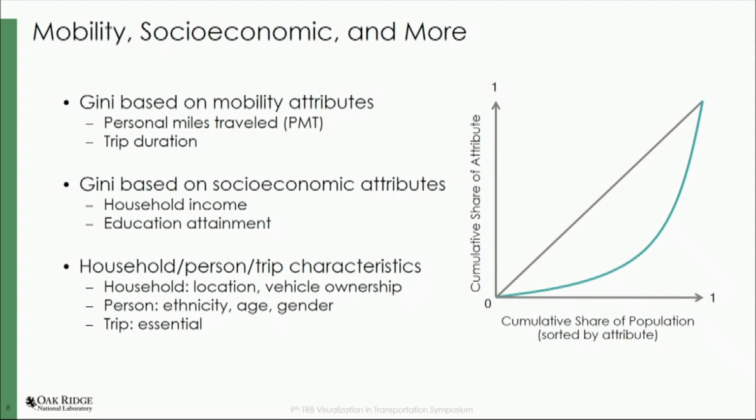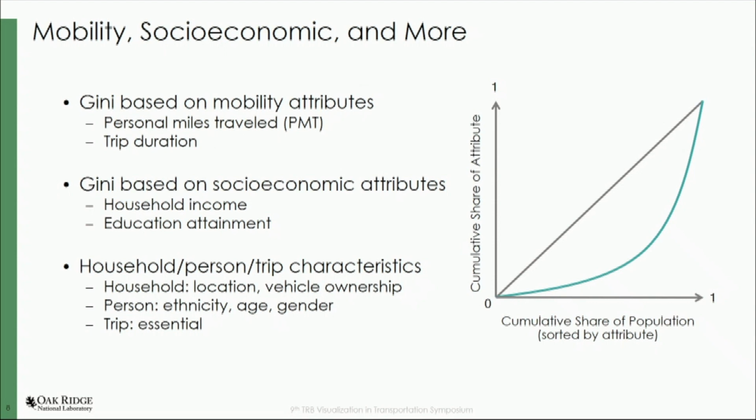So miles traveled is a quick, abstract way of seeing how much people are traveling. If you have low income, very likely you will not be able to make a lot of the social leisure trips versus if you have higher income. So we think it's appropriate to use PMT as one of the attributes to evaluate inequality. And the other one is trip duration.